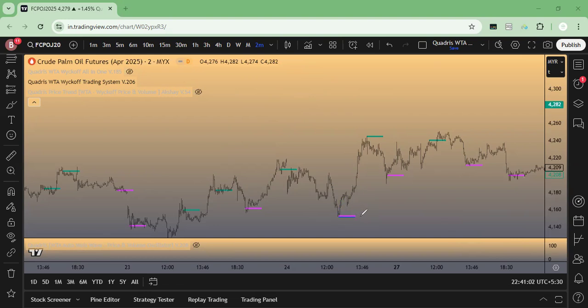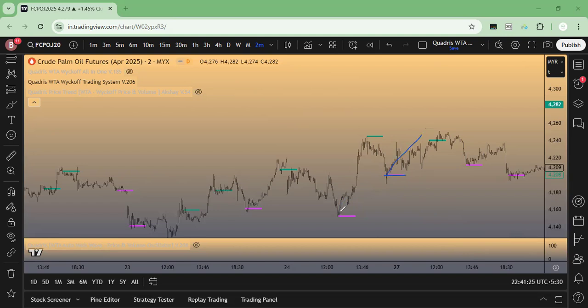So I will add ACC and DIS so that nobody gets confused. In accumulation, we expect price to go upwards. Many a time it has been seen that when this kind of thing is formed, price rallies up. There are two ways.